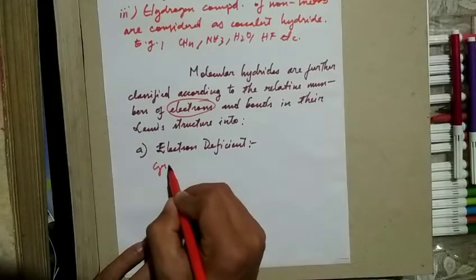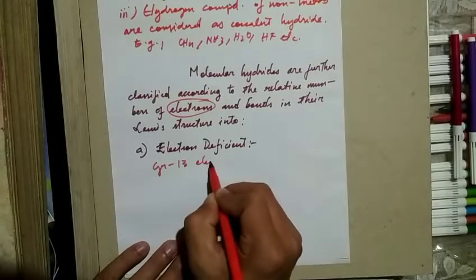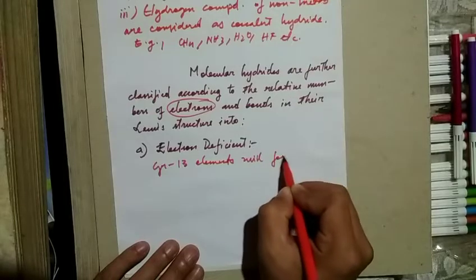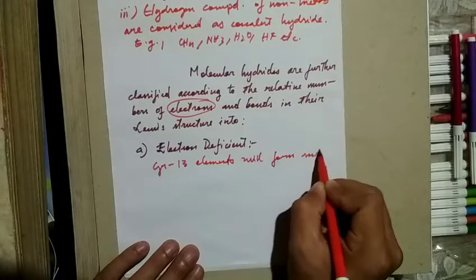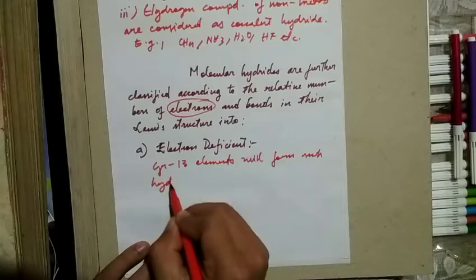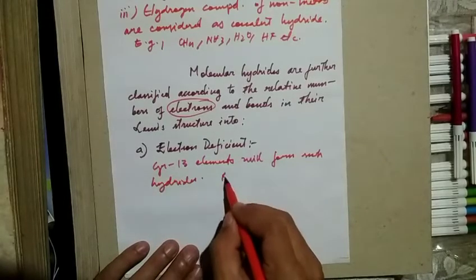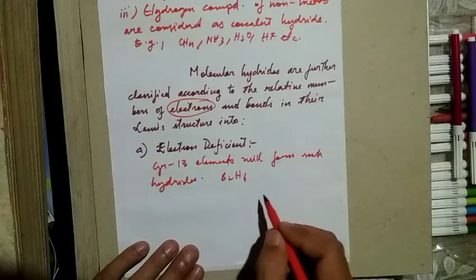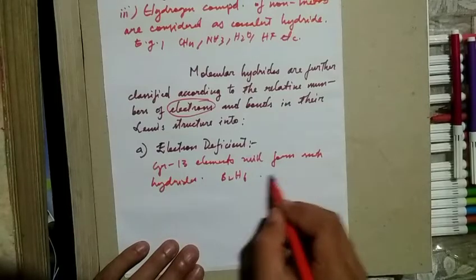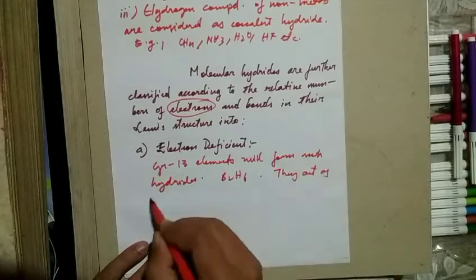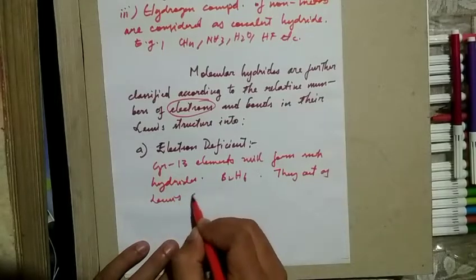So group 13 elements will form such hydrides. Example is B2H6.